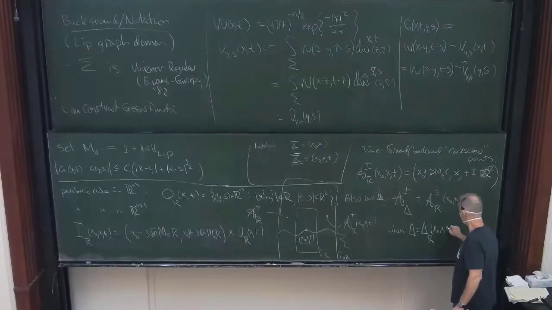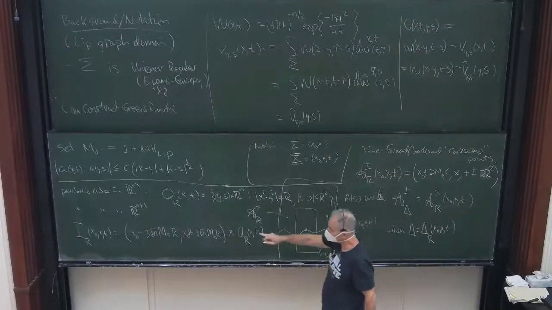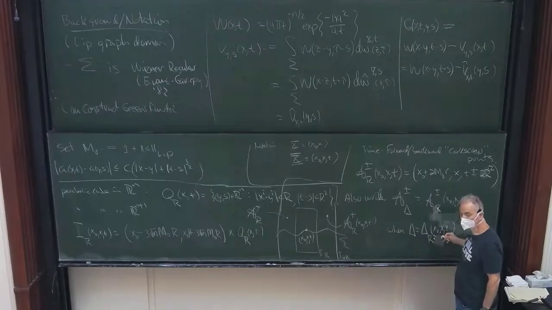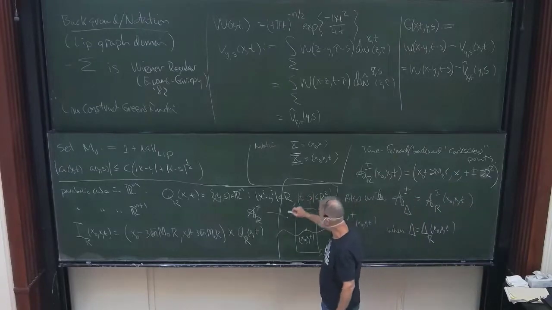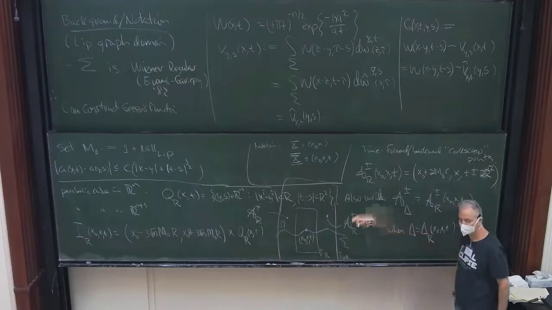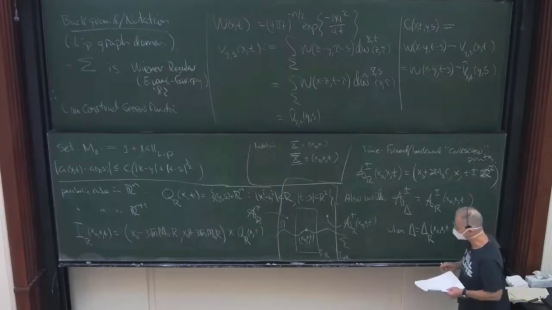In other words, it's the surface cube IR intersected with the boundary. The domain is up here above. I'll always take the domain to be above. That makes life easier.